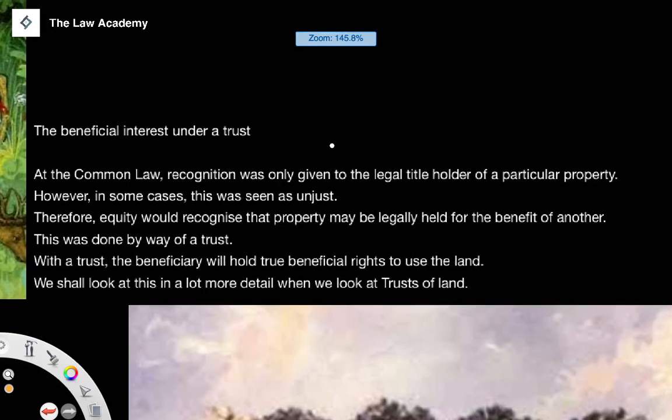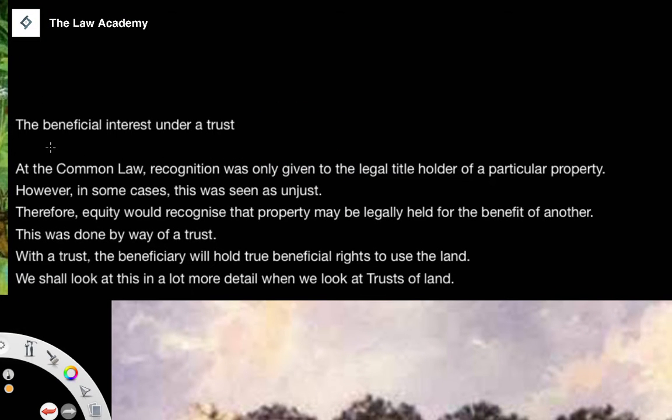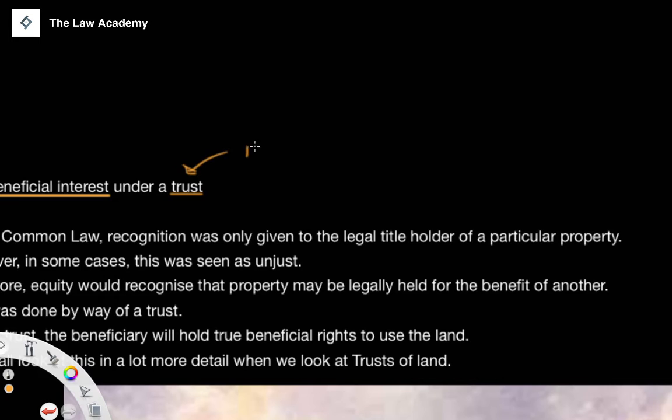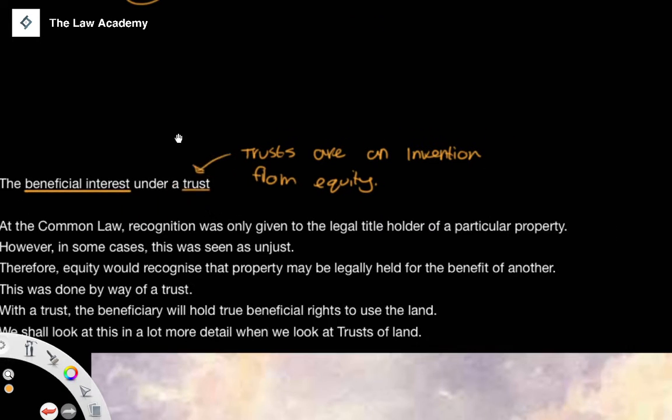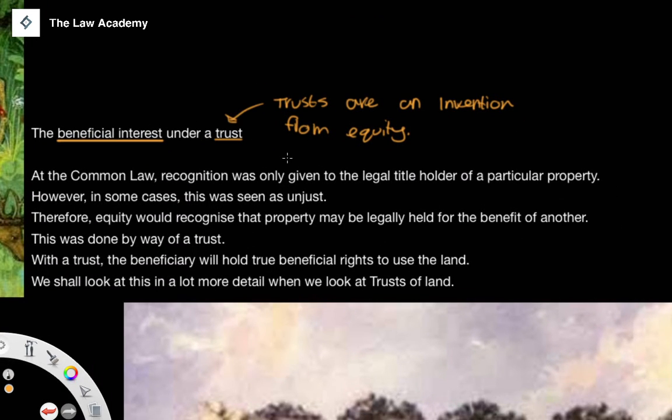One example of this we can look at is the idea of a beneficial interest under a trust. If you are somebody who has studied trusts already, trusts are an invention of equity. Many would argue that a trust is equity's greatest invention.